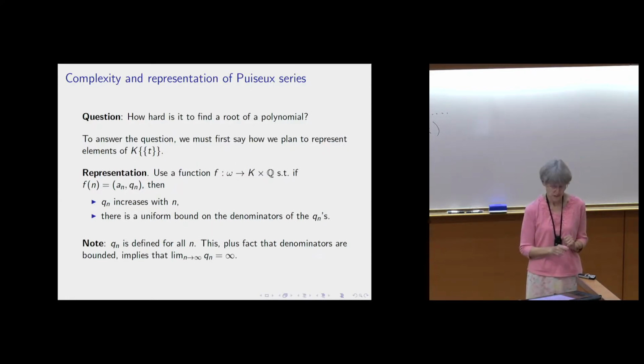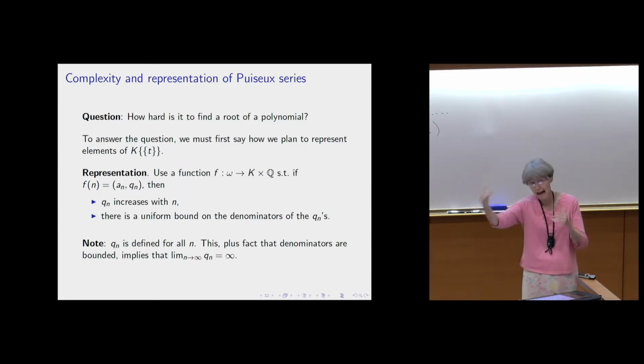It's giving me the coefficient, that's a_n, and it's giving me the rational that's supposed to be the exponent. So for Puiseux series, we should have a uniform bound on the denominators of the q_n rationals. And once we know that, that's going to imply that these q_n's go to infinity. They get arbitrarily large. So we can tell when we've gone past something.